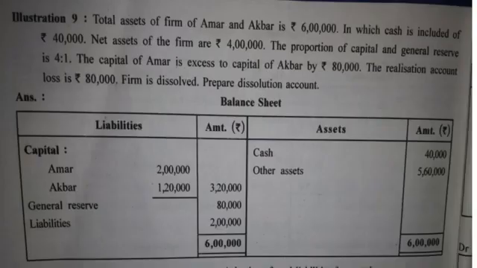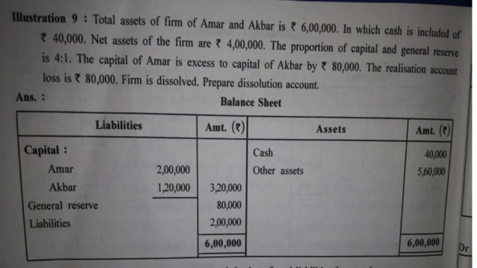You might question that, ma'am, what about cash? But if you remember, I have clearly instructed that the amount of cash balance is not to be closed and transferred to realization account.